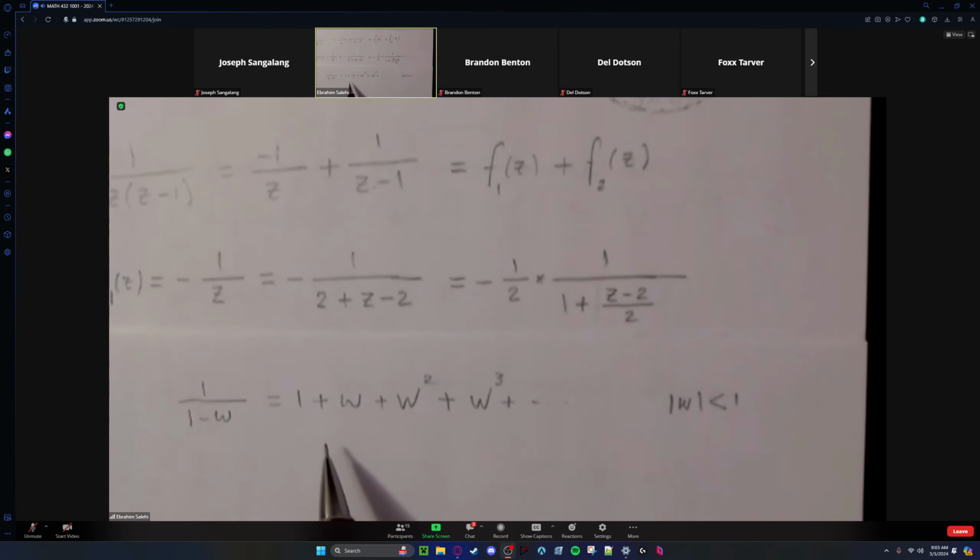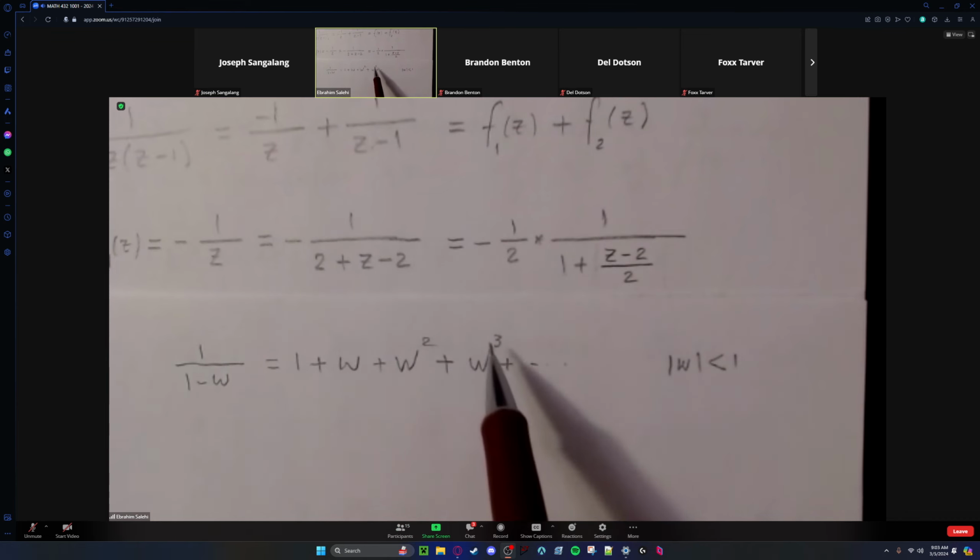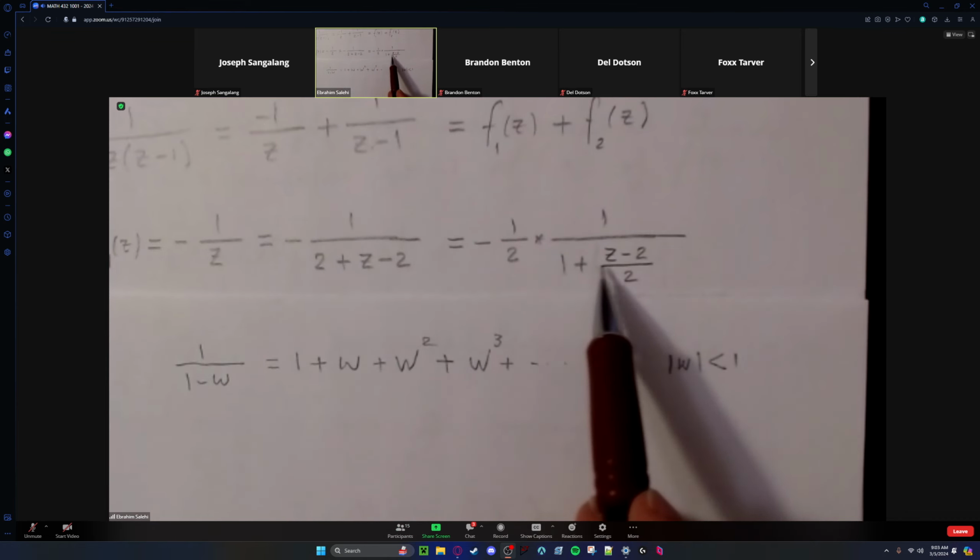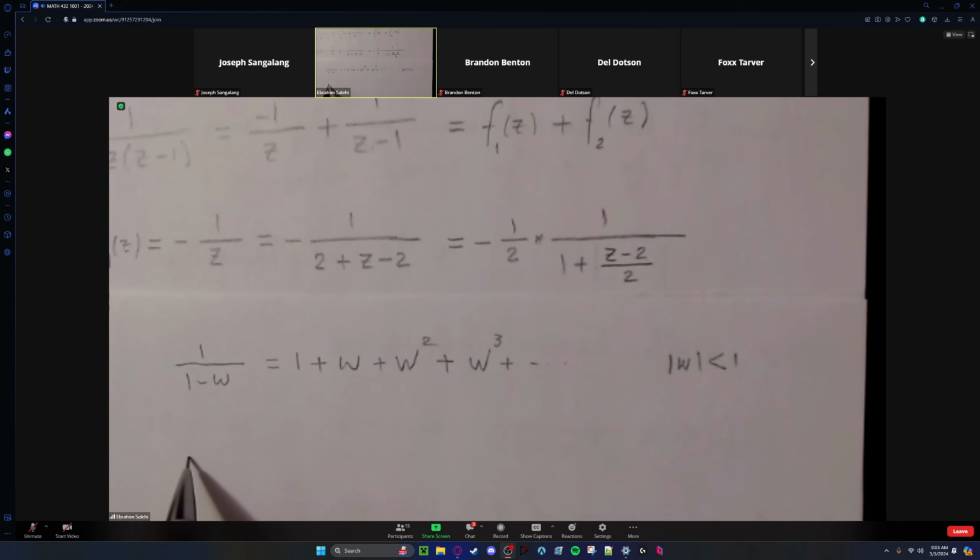Since we have plus, remember when we have plus, you just replace W by negative W. It will be 1 minus W plus W squared, it alternates. And again, modulus of W has to be less than 1.